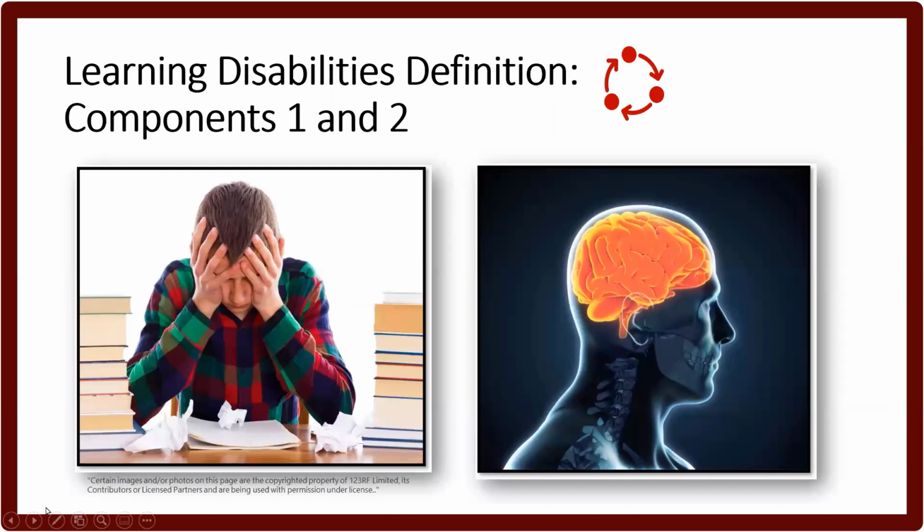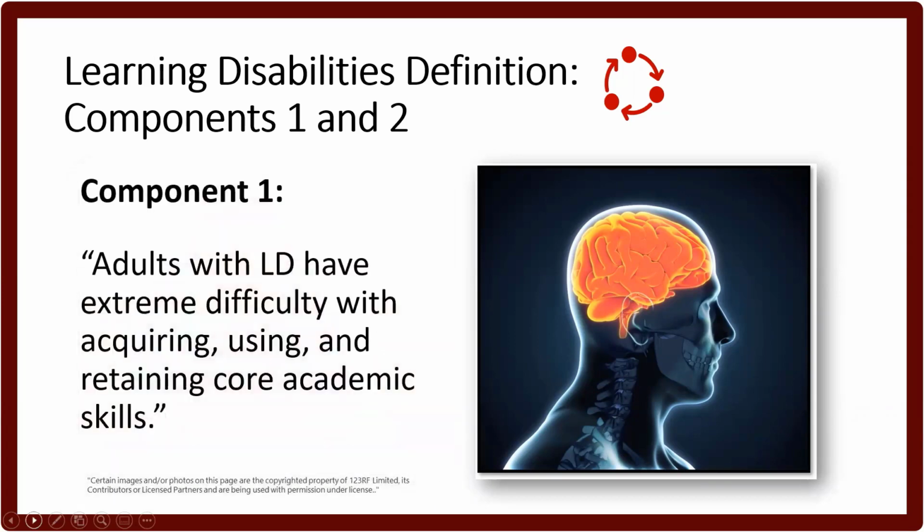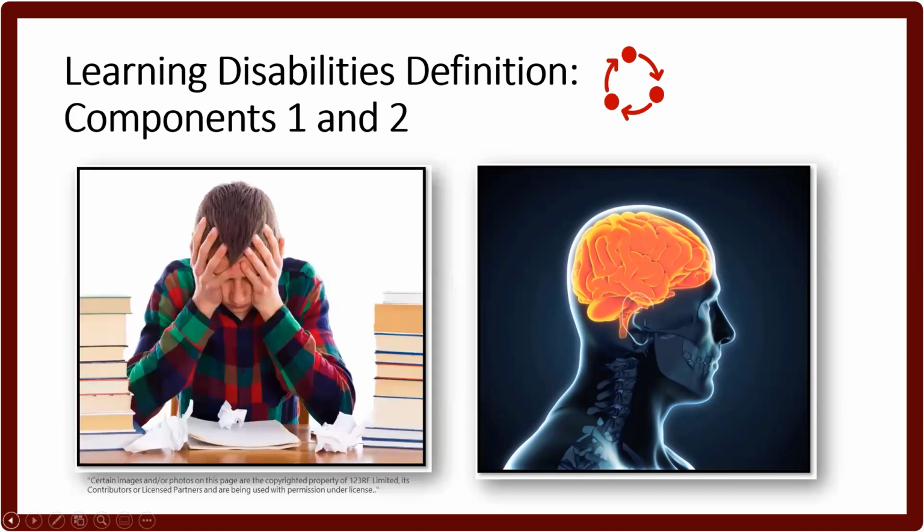So I have pictures, and the first one we've really talked about. And this is adults with LD have extreme difficulty with acquiring, using, and retaining core academic skills. So let me take a step back and say this. I'm going to talk about 4 components of the definition.